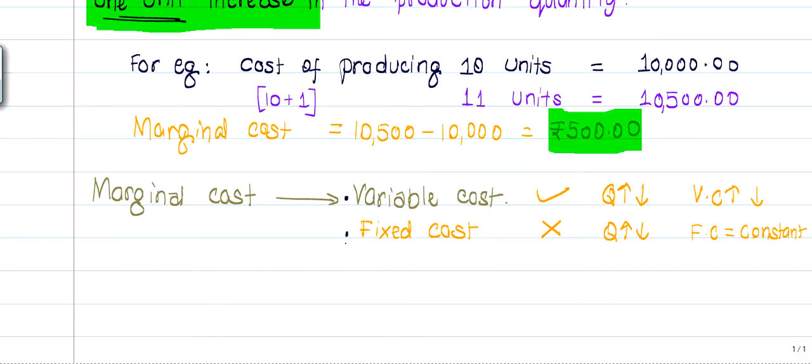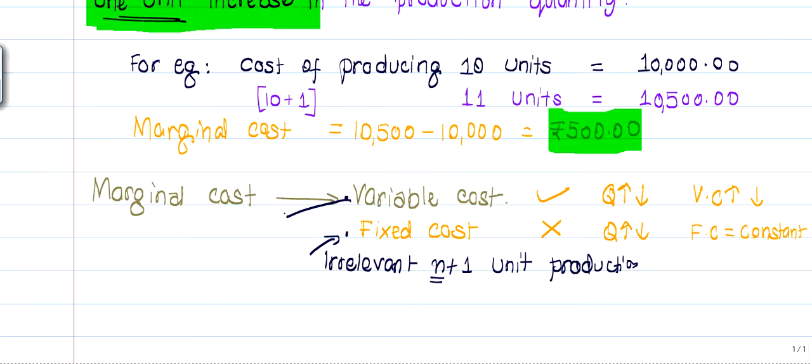That is why marginal cost says these costs are irrelevant for additional n plus 1 unit production. It is relevant for the n units, for the 10 units, but for the plus 1 it is irrelevant. This is relevant for all the production.